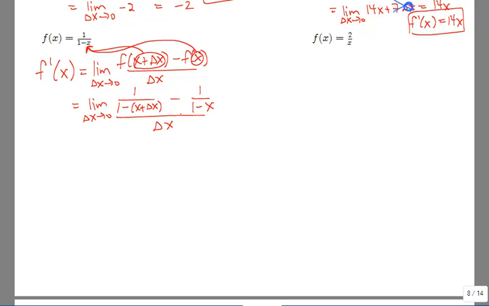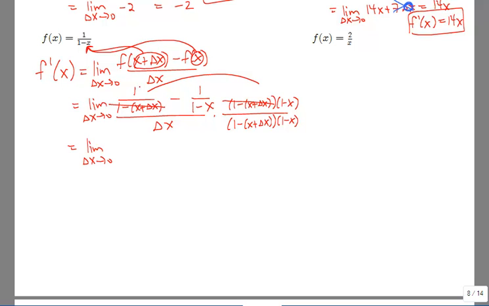Now we did one like this earlier where we had these complex fractions. So the trick to simplifying these is to multiply by the common denominator, which would be this denominator times this denominator. So I'm going to multiply by both on the top and on the bottom. So in the numerator, when I multiply this first fraction across, this will cancel out over here, leaving me with 1 times 1 minus x, or just 1 minus x.